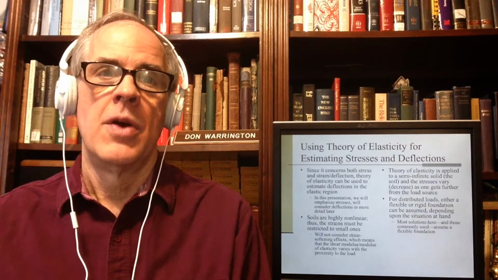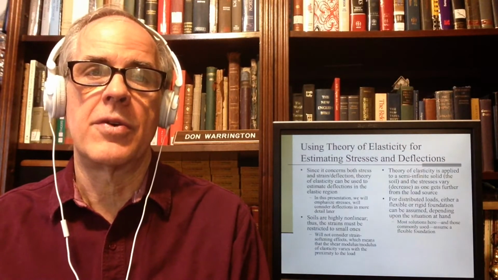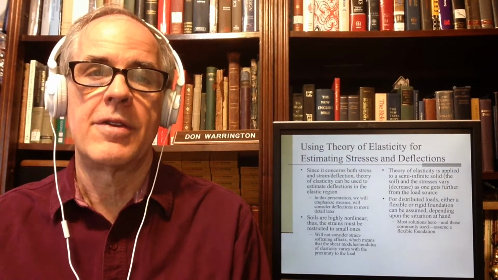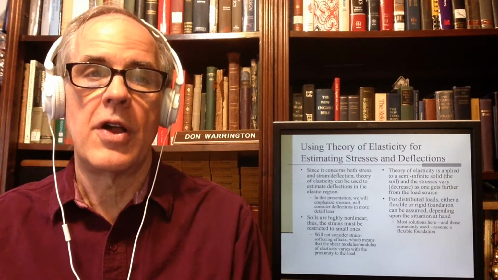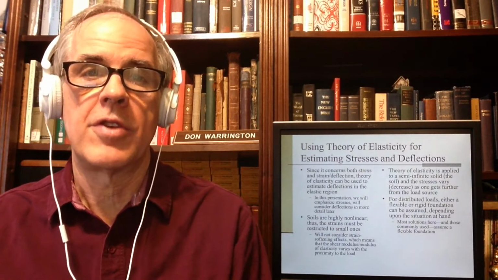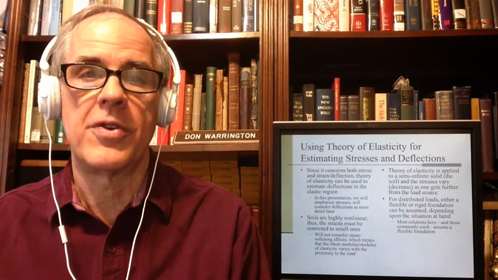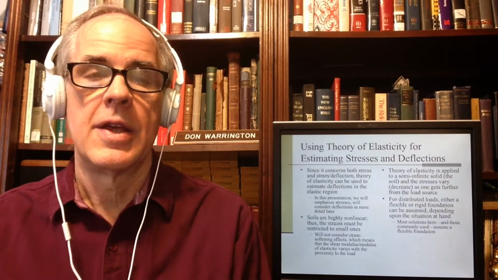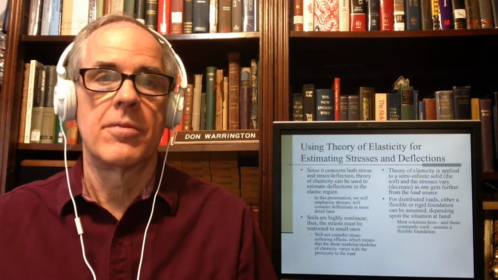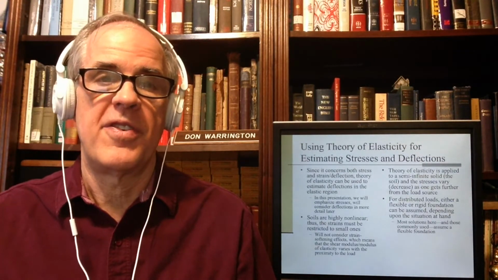One of the things we're going to try to integrate together is the fact that we can use the theory of elasticity for both. If you recall Hooke's law, the force is equal to the spring constant times the elongation. F is equal to K delta.